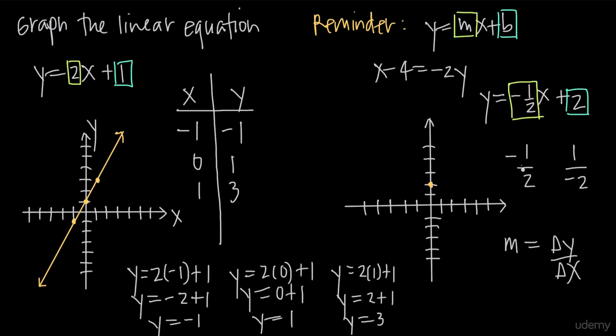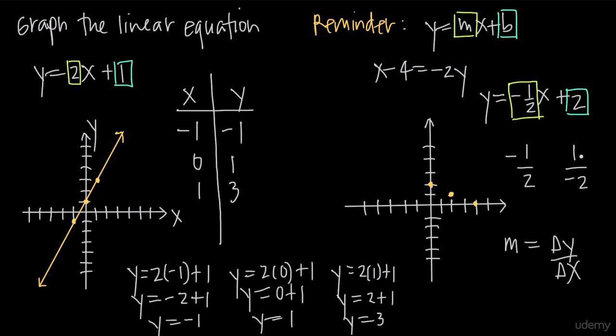So when we say negative 1 over positive 2, that means the change in y is negative 1, so go down 1 along the y-axis, and the change in x is positive 2, so go over along the x-axis in the positive direction 2 units. So we mean down 1 and over 2 this way, down 1 and over 2, like this.